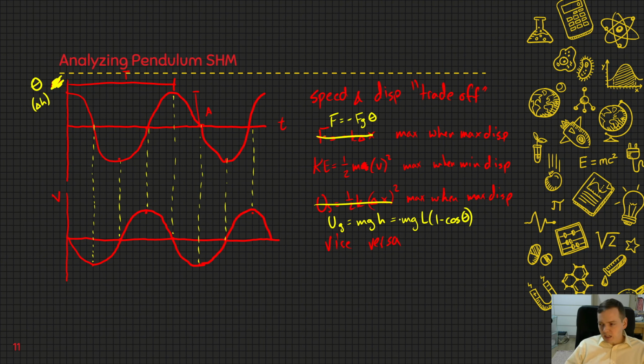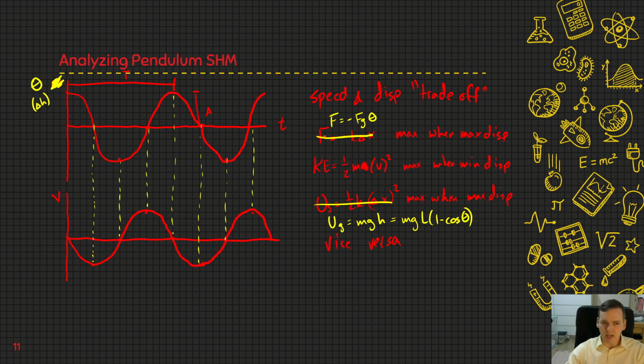The idea behind these is not so much that you know all the details, but that you can do this kind of reasoning. You can imagine as it swings back and forth, at the ends it's momentarily stationary, so at those two endpoints there's no kinetic energy. When it gets to the middle, it's at the lowest height, so we know it's lost the most gravitational potential energy, so it's going to have the most kinetic energy.